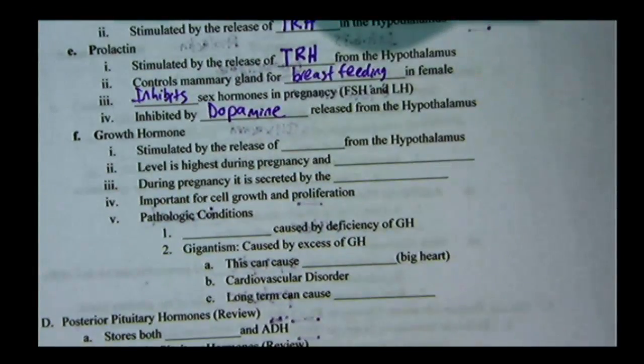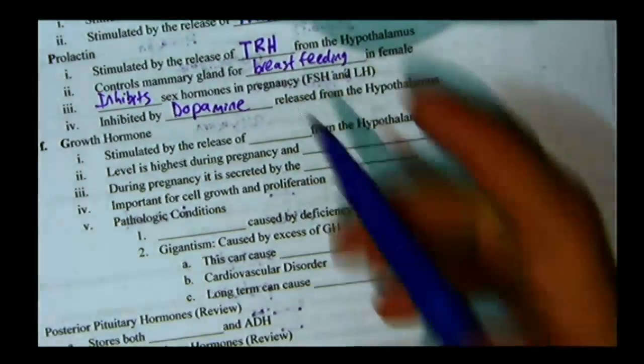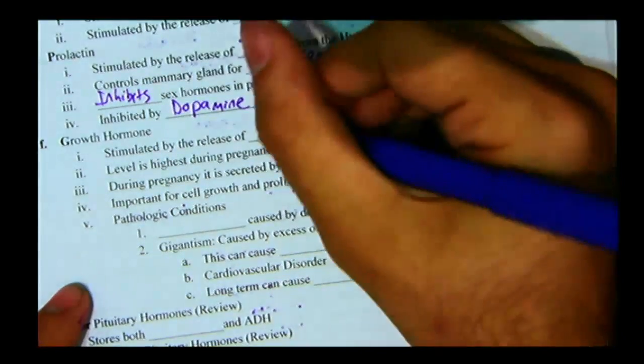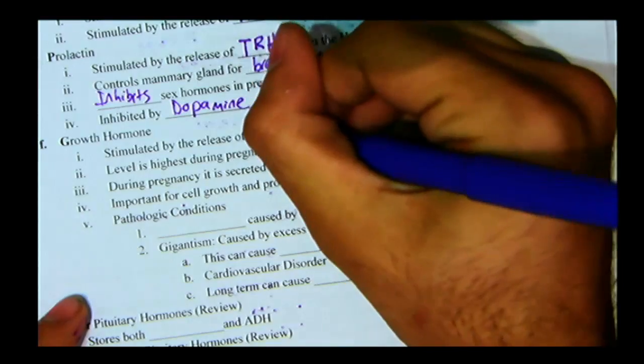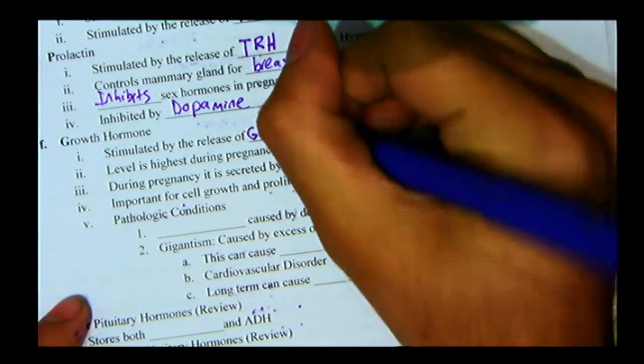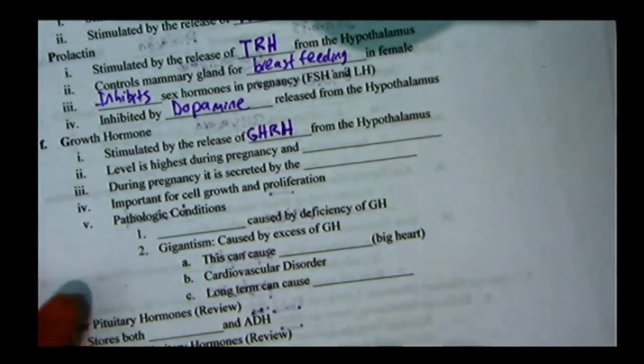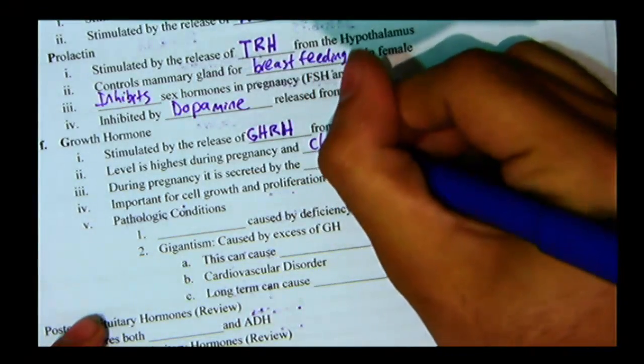All right, so now we're at growth hormone, stimulated by the release of what from the hypothalamus? The really redundant one. Growth hormone releasing hormone. So levels are highest during pregnancy and childhood. Which makes sense, right? That's when you grow the most.